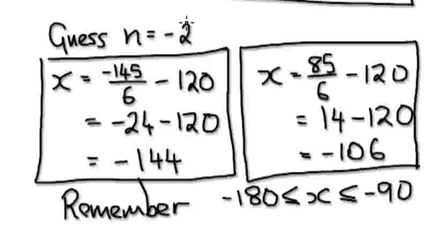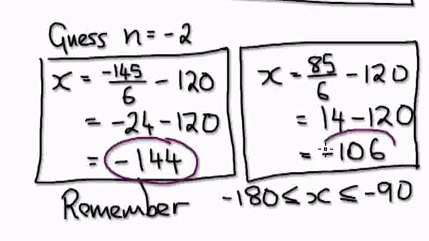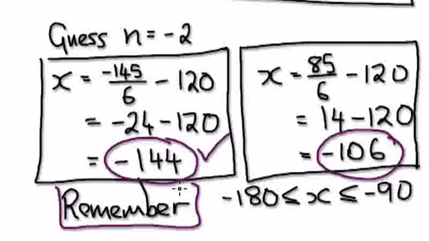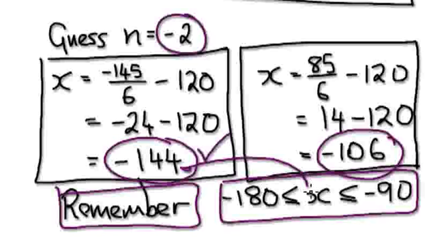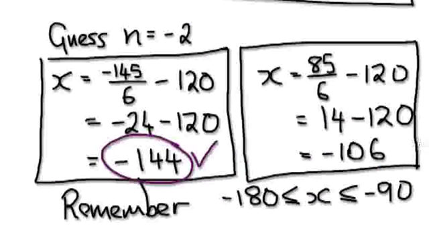So when you put n equals negative 2 here, x equals this here, and on the right hand side, x equals this thing here. This is a good solution because it's within our range, and this here is also a good solution.